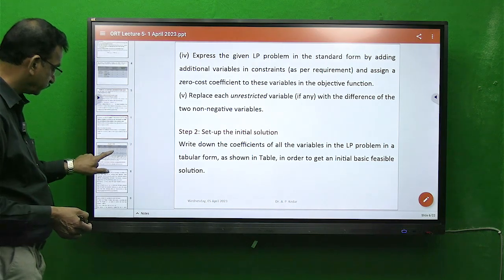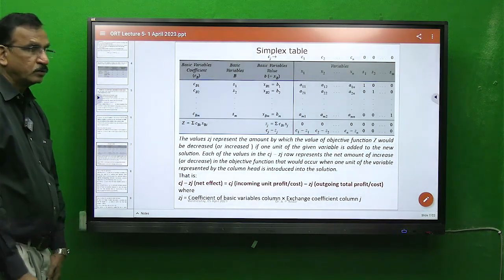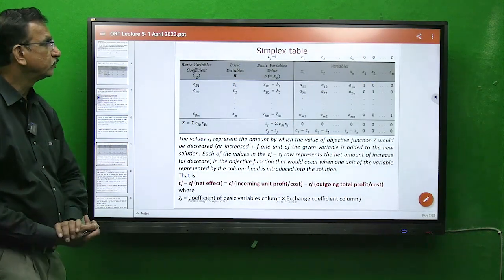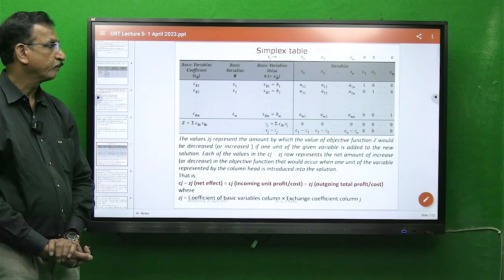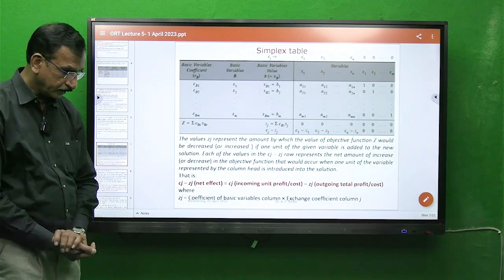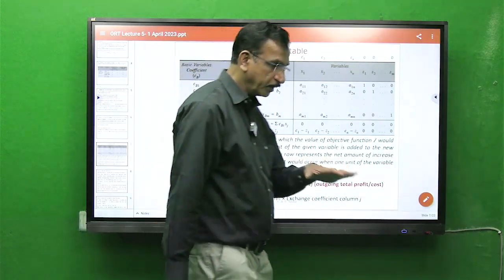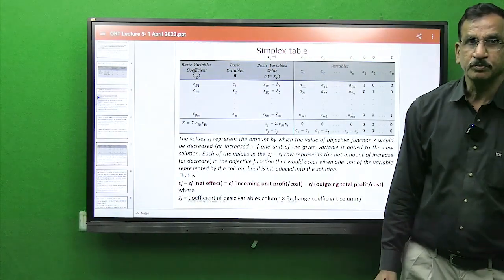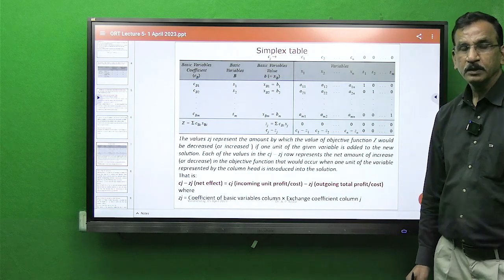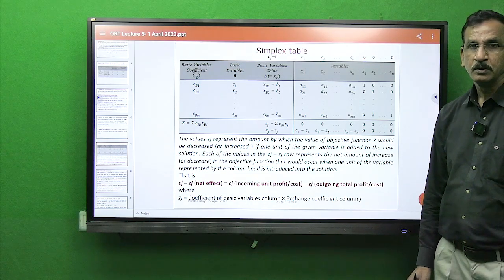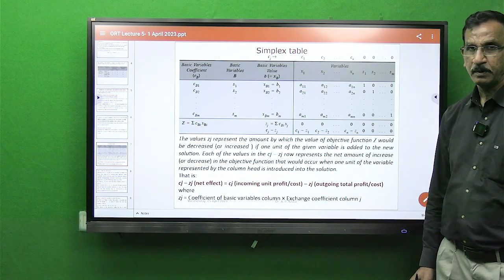Now, can you see this table now? This simplex table, which is indicating all the variables which we have listed in the formulated version.